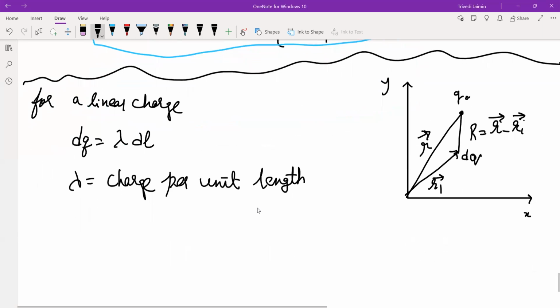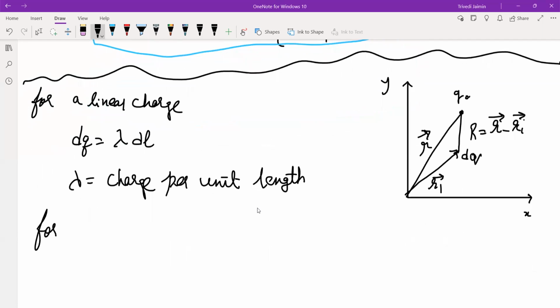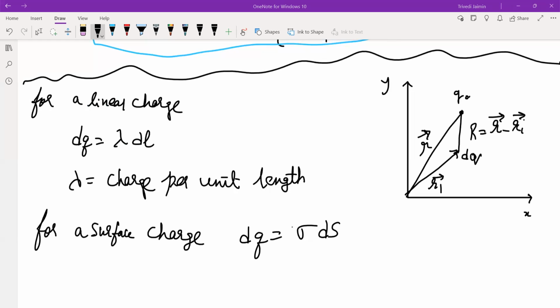This is for linear. For surface, dq equals to, the same way, sigma ds. In short, see what we are taking.